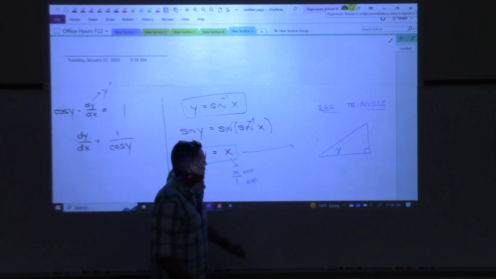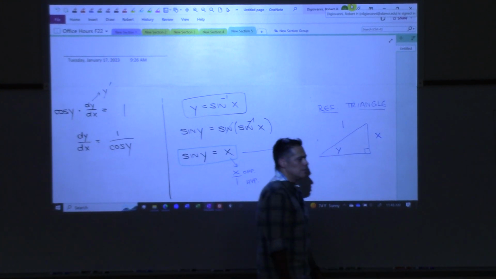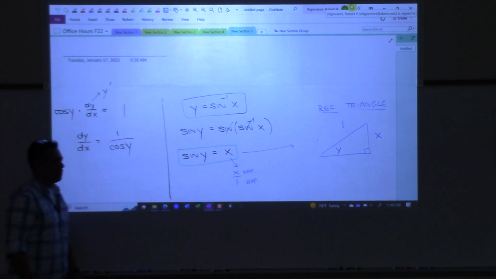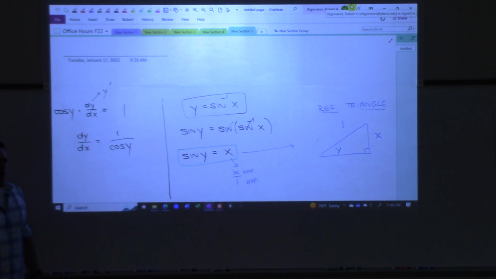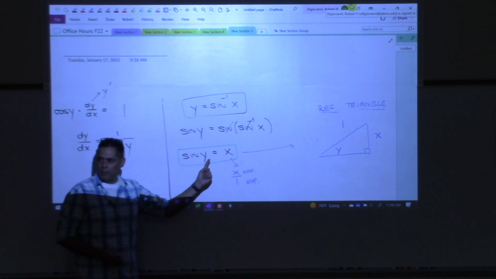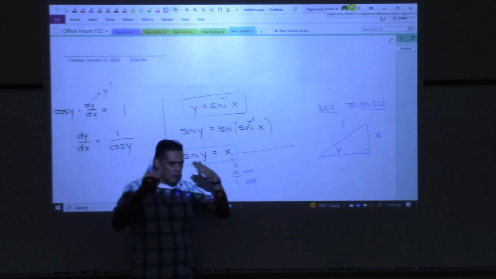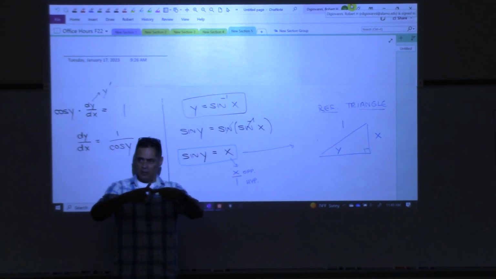I'm going to draw that on my triangle, opposite, hypotenuse. All we're doing here is visualizing that relationship, right? That relationship has that as a visual connection, yes?